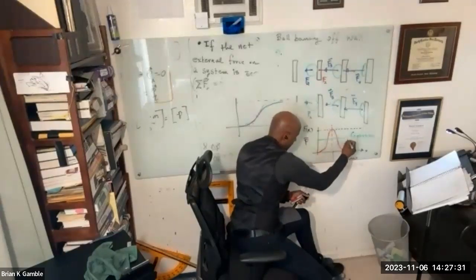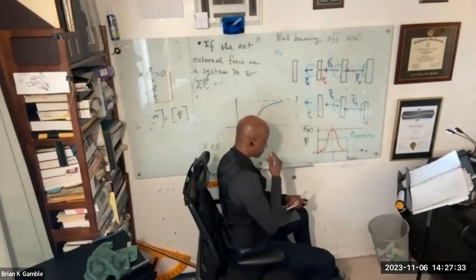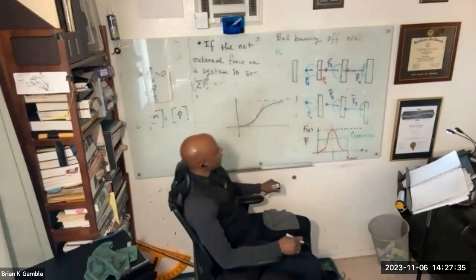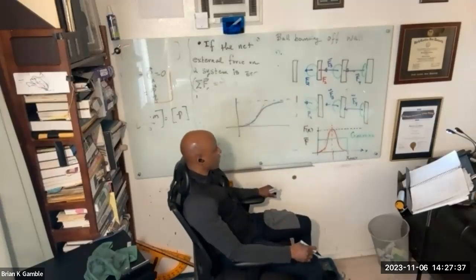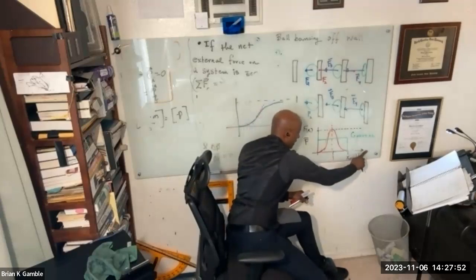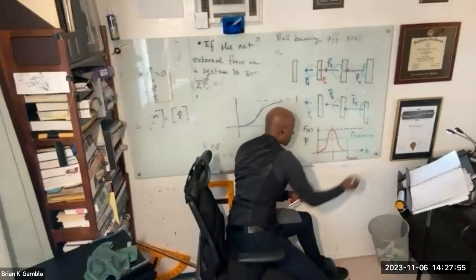And it turns out, remember, this is a situation where the area under the curve, I think I screwed up. That should be, sorry, this should be time, not X. It's time.